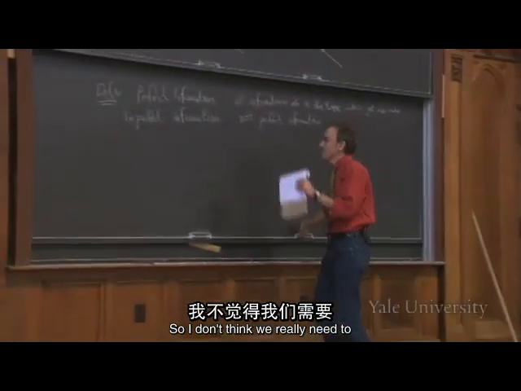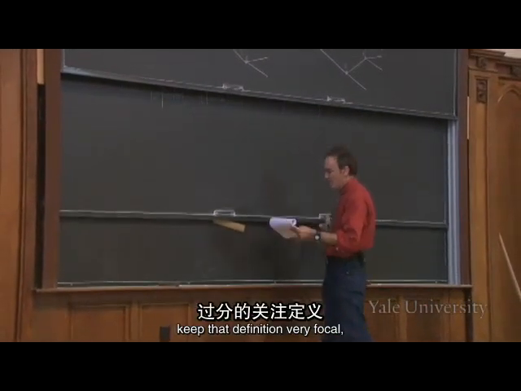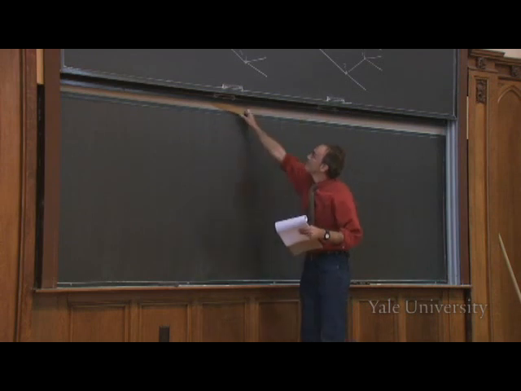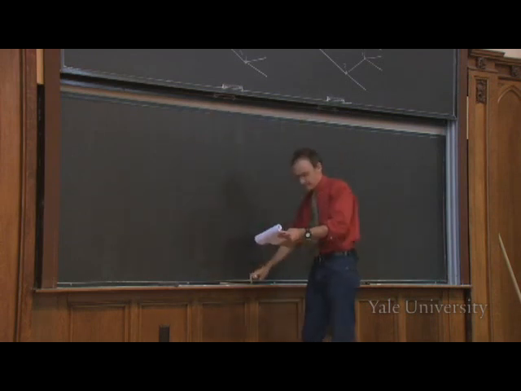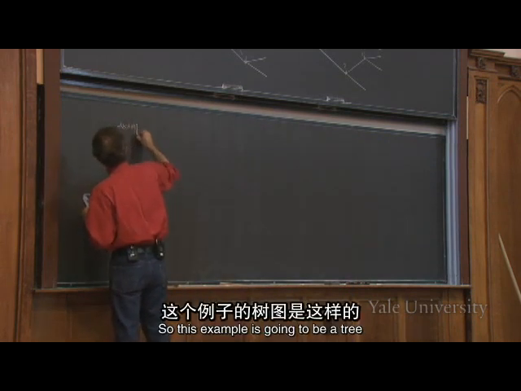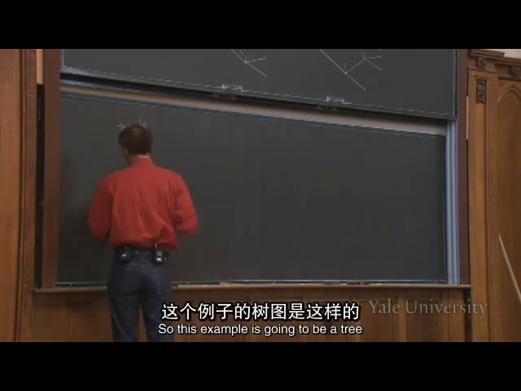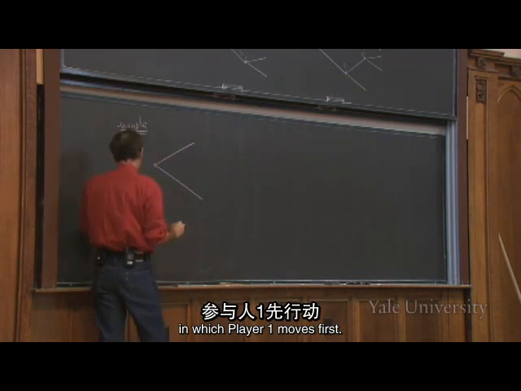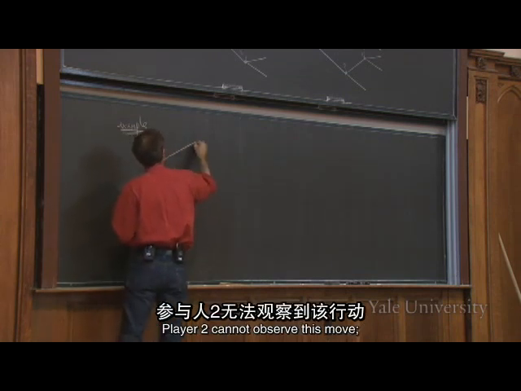I don't think we really need to keep that definition very focal, so let's get rid of that board. Let's do an example. There are many examples today. So this example is going to be a tree in which player 1 moves first.